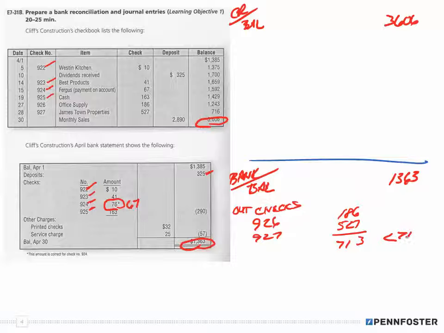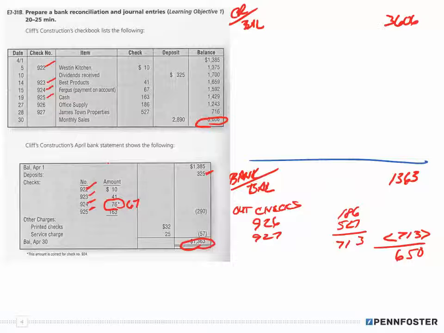So I'm going to subtract $713 from the 1,363. That gives me a balance of $650, meaning these are two checks that, if they had hit the bank account, would have reduced my balance. So I'm down to a balance of $650.